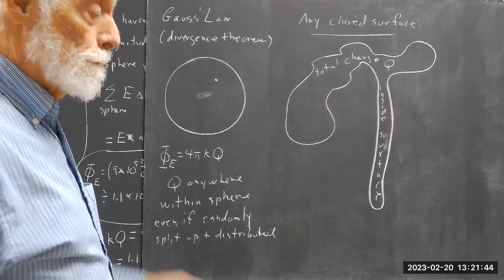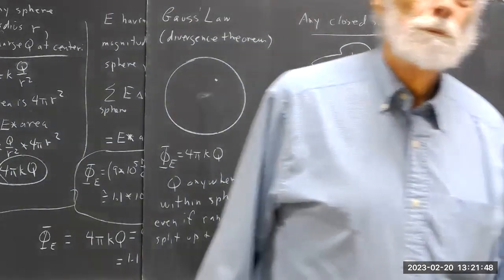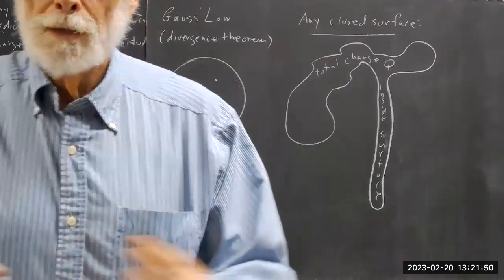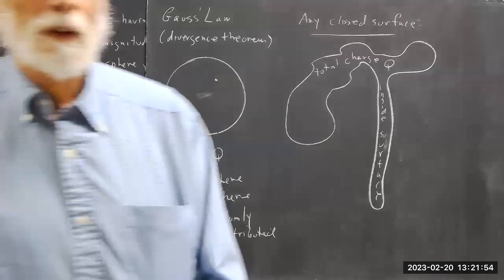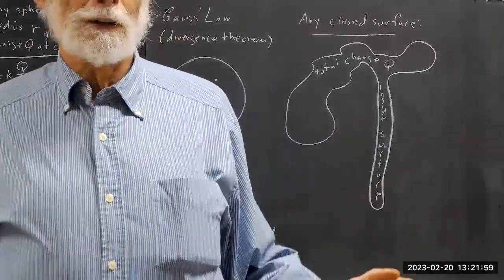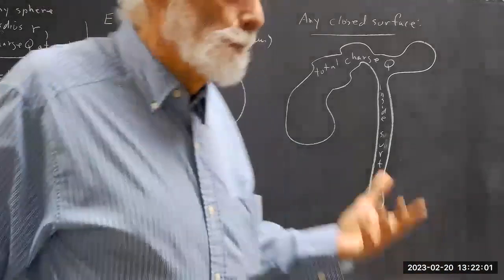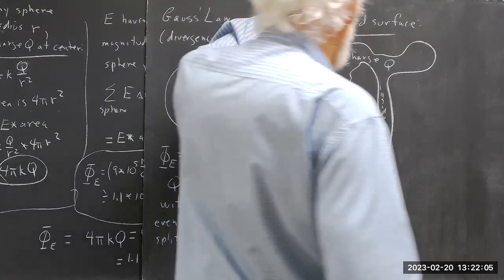Okay, so now we can figure out the field of an infinitely long charged wire, or a long charged wire at a point that's not too close to the ends. It's an approximation in that case, but it's a very good approximation.